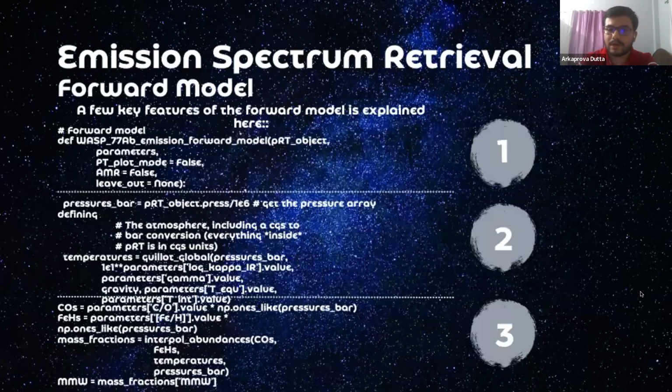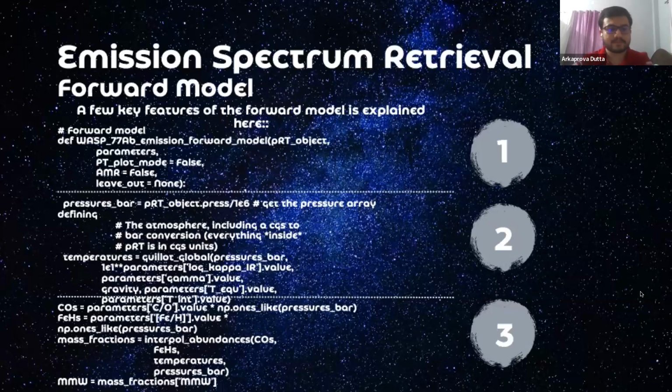In the forward model, we actually did 5 changes from the WASP-39b code. First one was obviously the definition. Then we used a Guillot global model instead of the isothermal model in WASP-39. Then we added the chemical parameters.